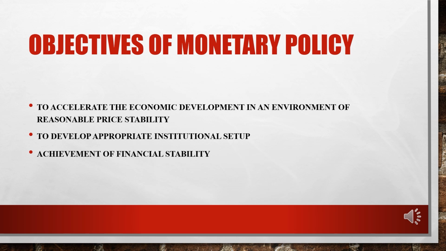In the true sense, volatility is required, but instability is undesired. So one of the basic objectives of monetary policy is to control that volatility, so that the market can be stable. So these are the three major objectives of monetary policy in India.